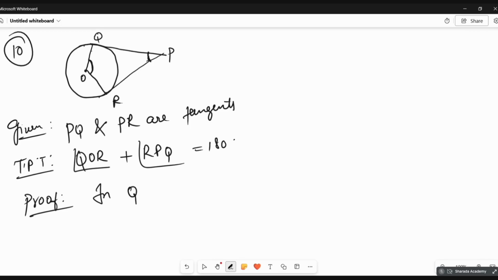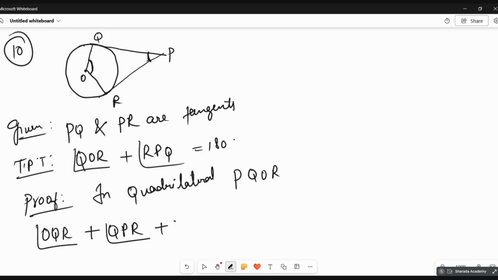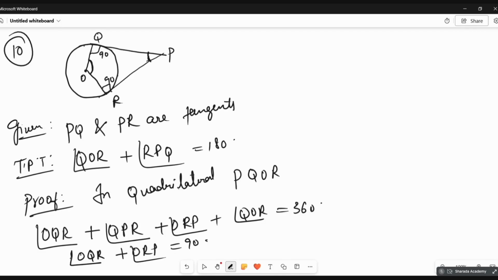Now in quadrilateral PQOR, what you will get? OQR angle plus QPR angle plus ORP angle plus QOR angle is equal to 360 degrees. All the sum should be equal to 360. And angle Q and R are equal to 90 degrees because they are the radius and the tangent. So we have OQP plus ORP is equal to 90 plus 90.